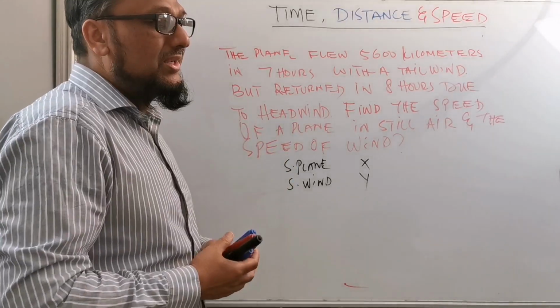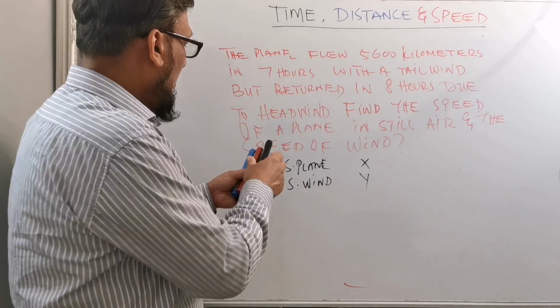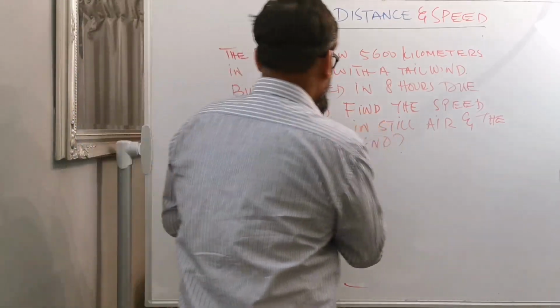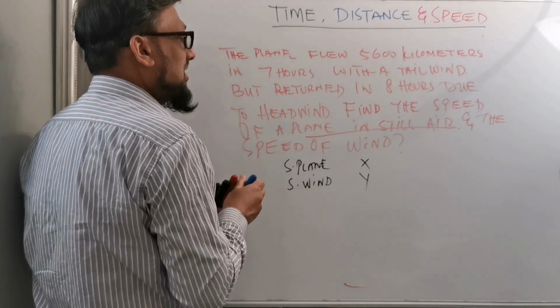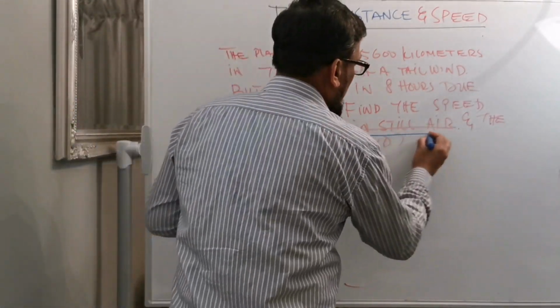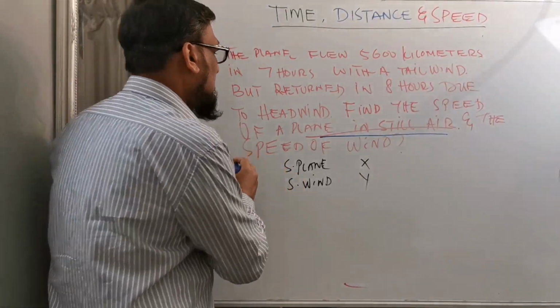So we need to make an equation, because we need to find out the speed of the plane in still air and the speed of the wind.